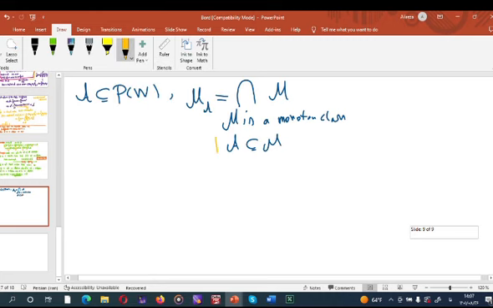These two properties. This monotone class is the smallest monotone class, M_A.